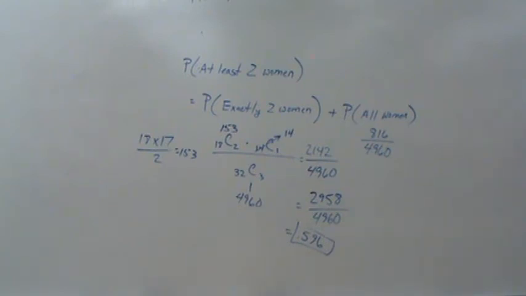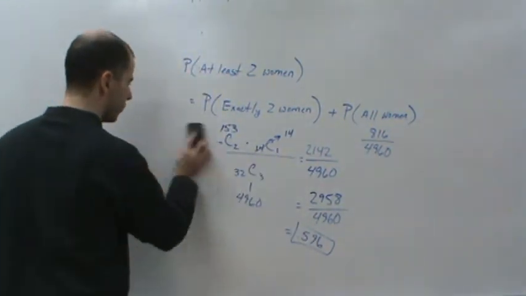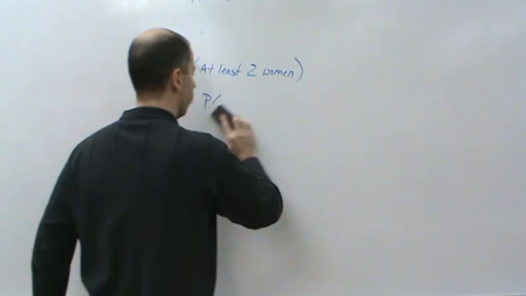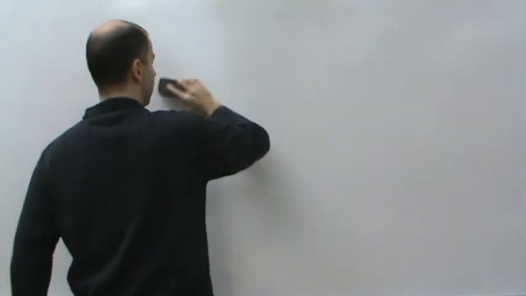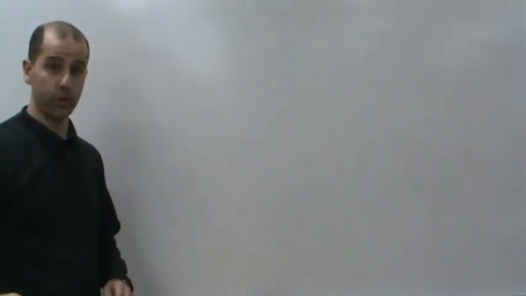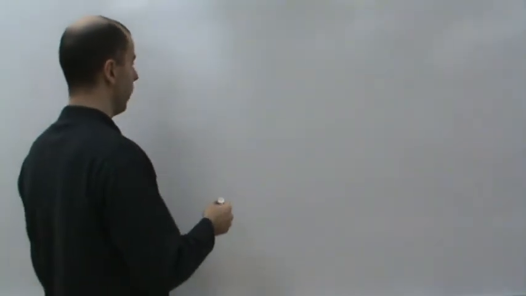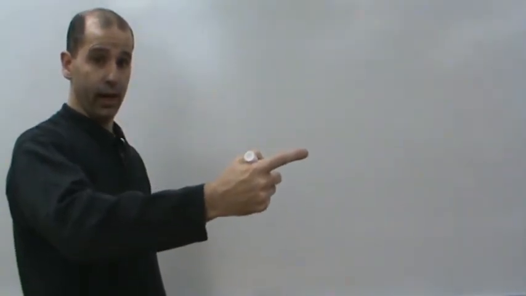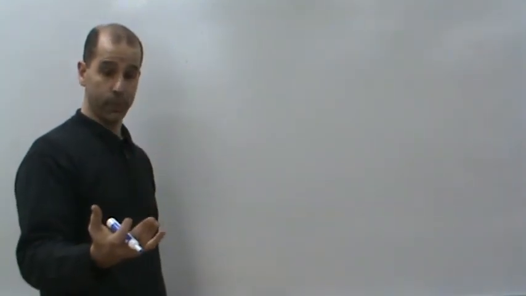These are actually properties of combinations. So the last thing that I want to talk about is the fact that we often call combinations binomial coefficients. I'm not going to get into that right now, but they're called binomial coefficients because they're symmetric, just like if you do a binomial expansion.